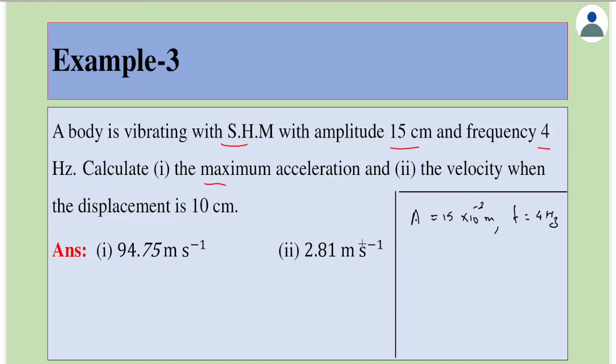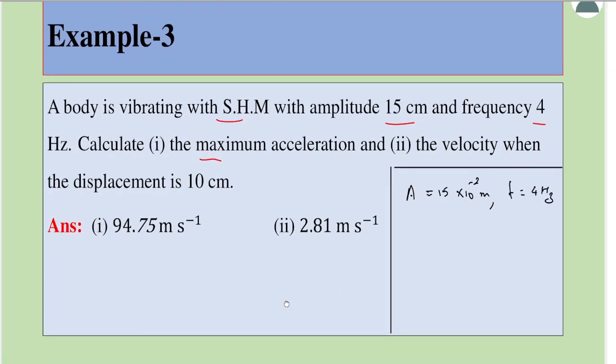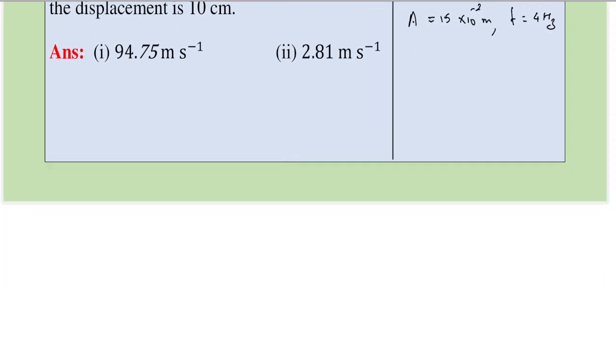Question says find the maximum acceleration. We know that A maximum is equal to minus omega square into A. But if you just take its magnitude, then mod A maximum is equal to omega square into A. Omega is not given directly here, but we know that omega is 2 into pi into f.